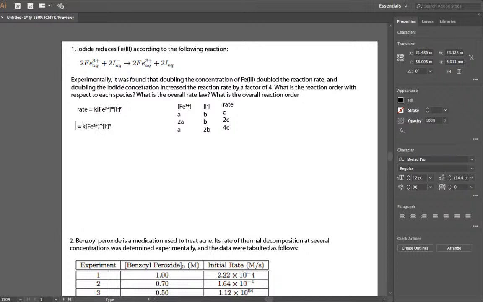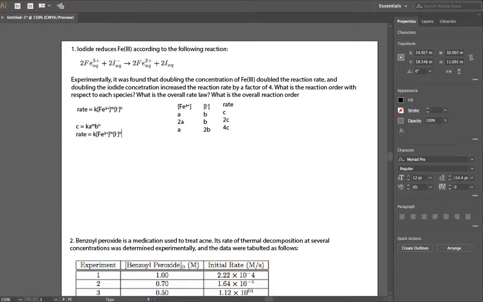So we got the rate C equal to K, a constant, multiplied by the concentration of Fe3+, which in this case was A, multiplied by the concentration of iodide, which in this case was B, and that's our first data.